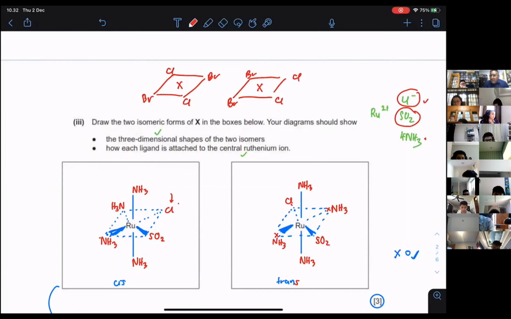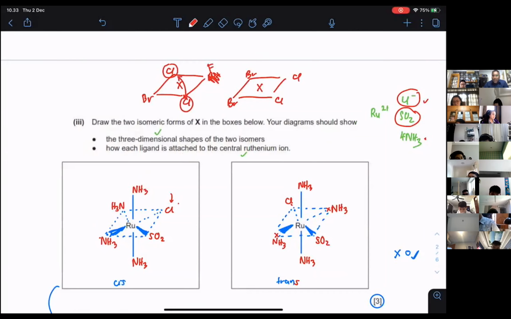So you can see there are at least 2 groups over there which we are comparing. They are opposite. Even if this one is changed into something else, maybe F, it is still considered to be trans because there is one pair that is opposite. So that is the reason why.